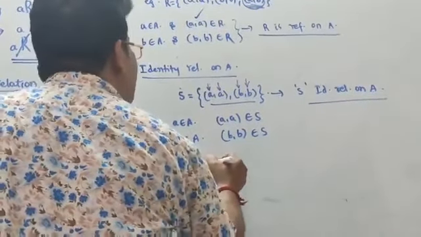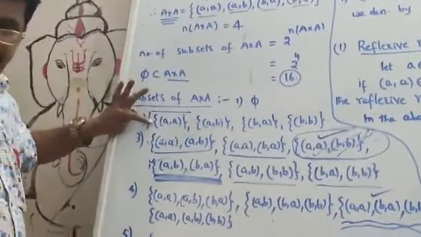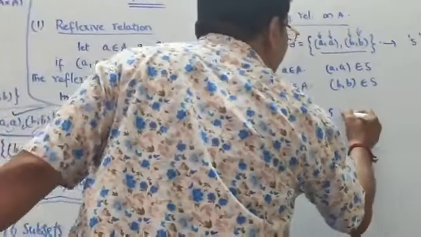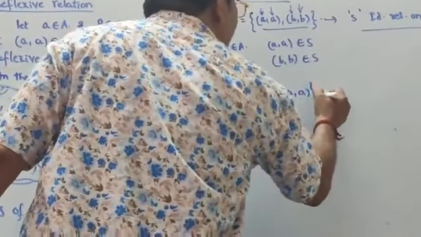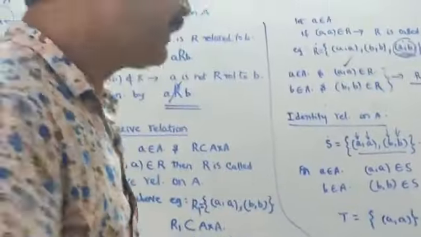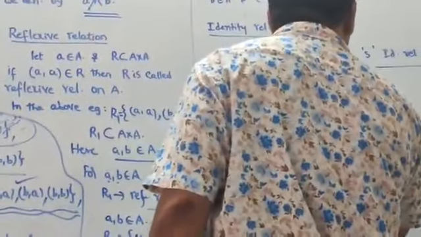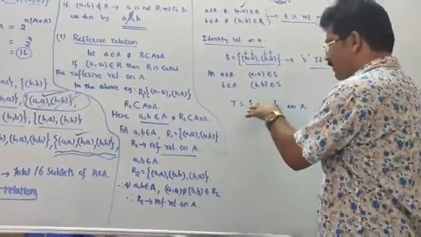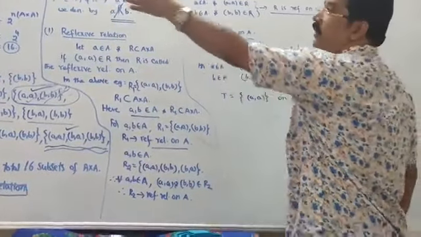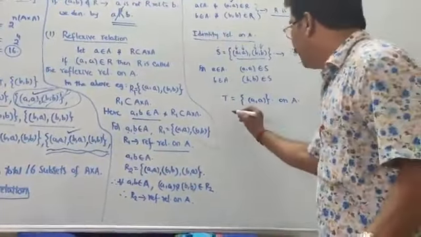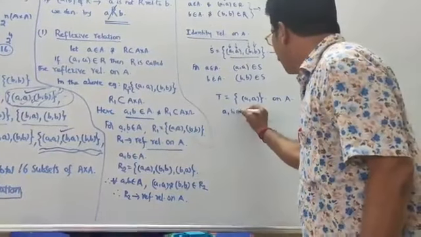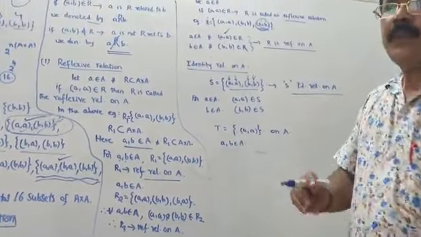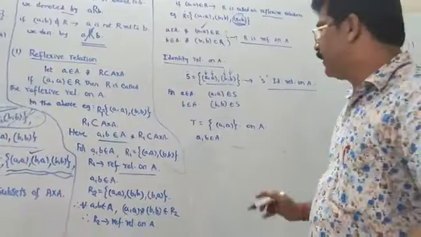Once again, let us take another example. For example, T is equal to the singleton set {(a, a)} on capital A. Why on capital A? Because this is a subset of A cross A. I will put only two questions.